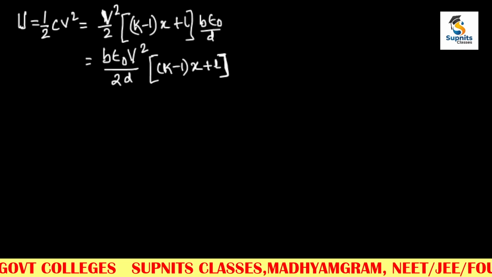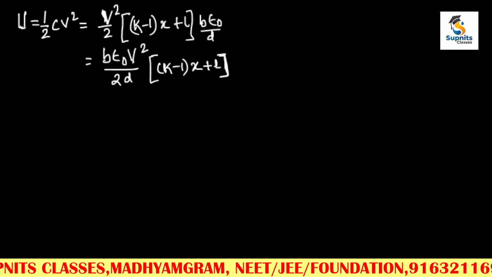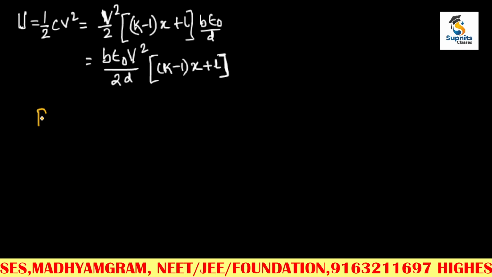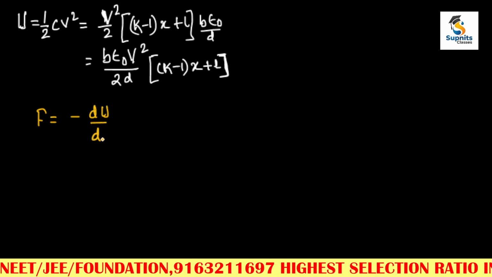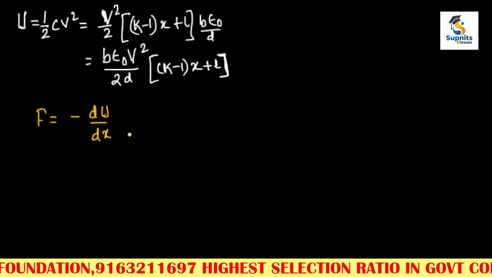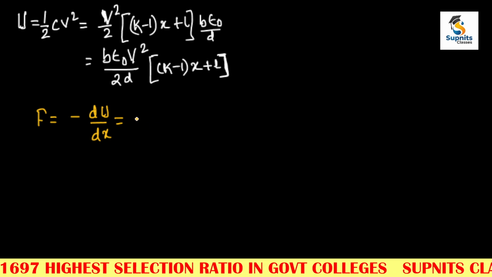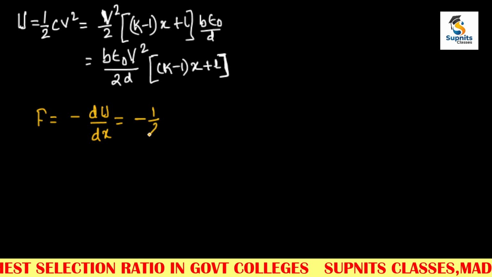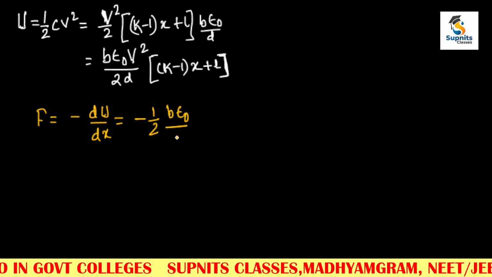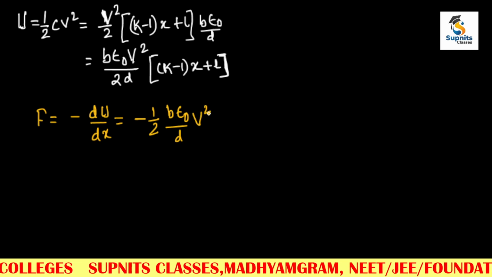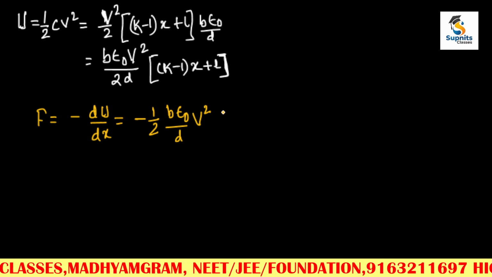Now how am I going to get to the force? Force is equal to minus dU by dx, very well known. So now you just have to differentiate this. Minus half B epsilon naught by d V square is common.